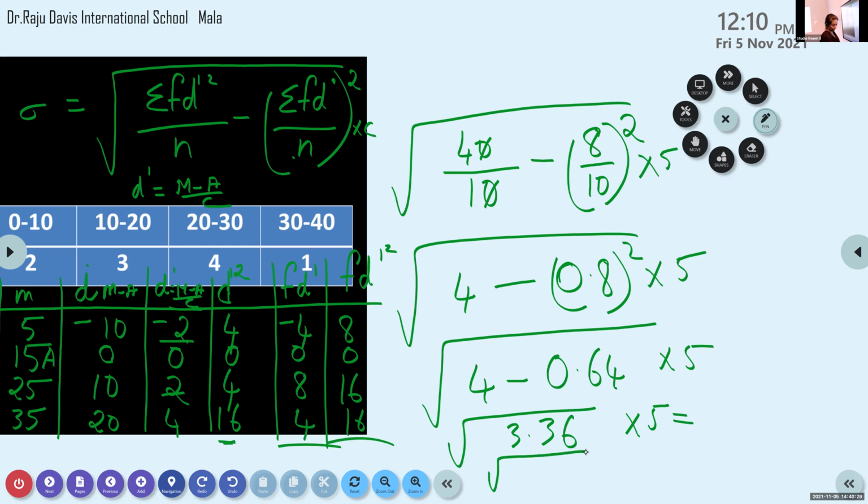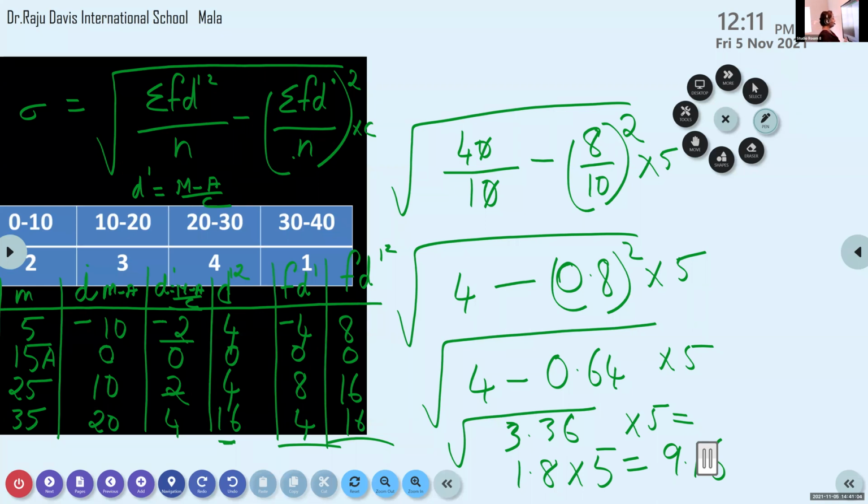There is no square root. So 3.36 into 5 is equal to 9.16. So this same answer you would have got through the actual mean method and assumed mean method. We did this with this particular table.